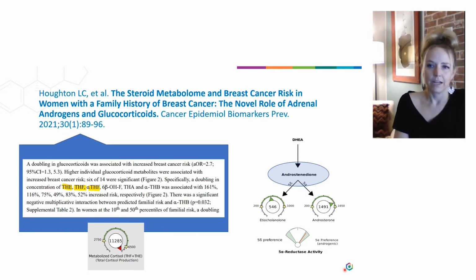And then the other side is DHEA metabolites like androstenedione and androsterone being implicated in higher risk as well. So on the Dutch test on page 3, you have your DHEA coming down into androstenedione. Neither of these are we testing, but we look at the downstream metabolites of DHEA, and we do look at DHEA sulfate.